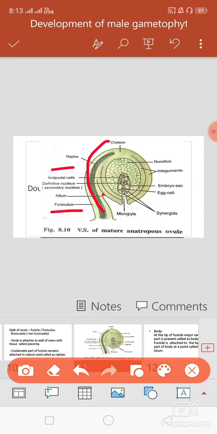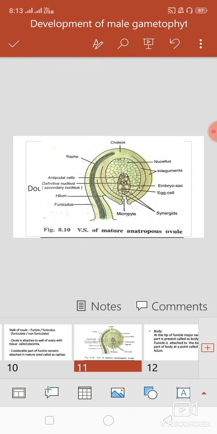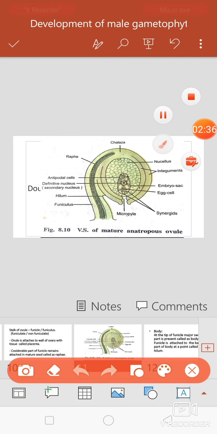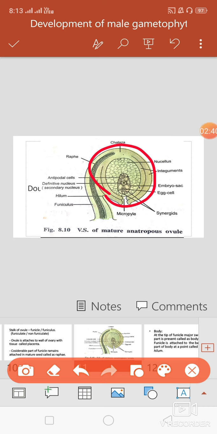Then at the tip of this funicle, a major swollen portion is present, called the body. So here the funicle is attached to the body of ovule at a point called hilum. What is hilum? The point of attachment of funicle to the body is called hilum.